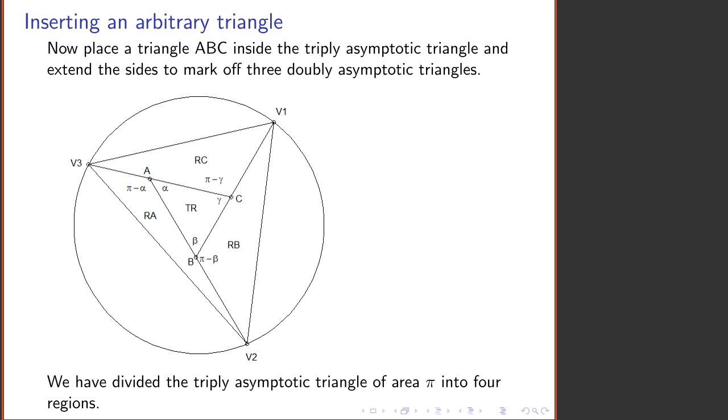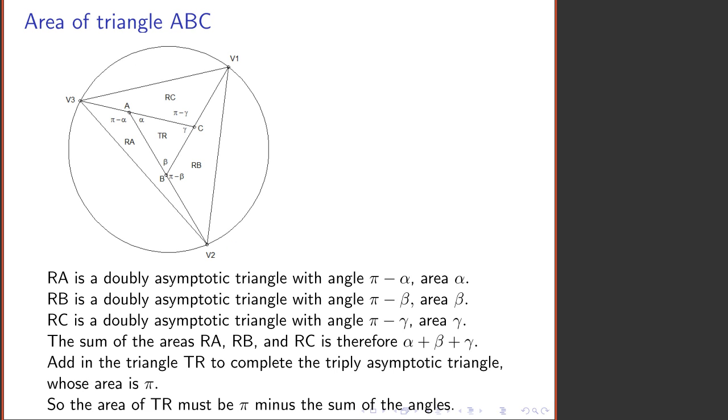So for this, it's going to be pi minus the quantity pi minus alpha, or alpha. So RA is a doubly asymptotic triangle whose area is alpha. RB has area beta. RC has area gamma.